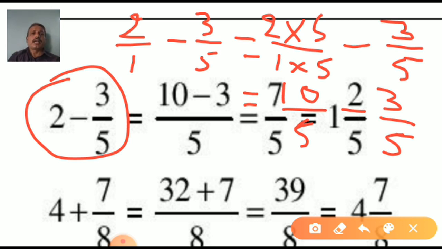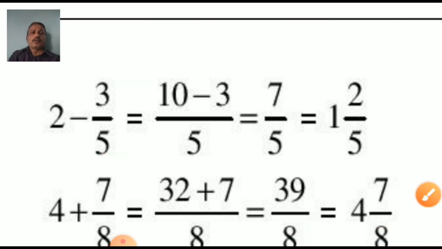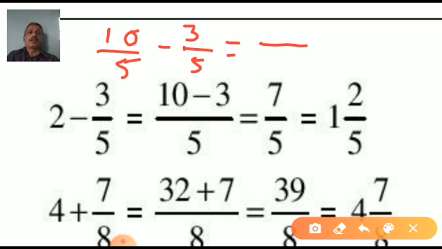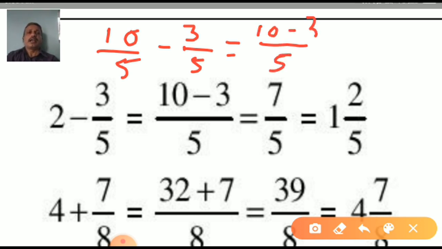Yes, student, now 10 upon 5 and 3 upon 5. So how to solve this one? We know this one, 10 upon 5 minus 3 upon 5. Yes, what do we have to do, student? The denominator remains common and 10 minus 3, this is our step.